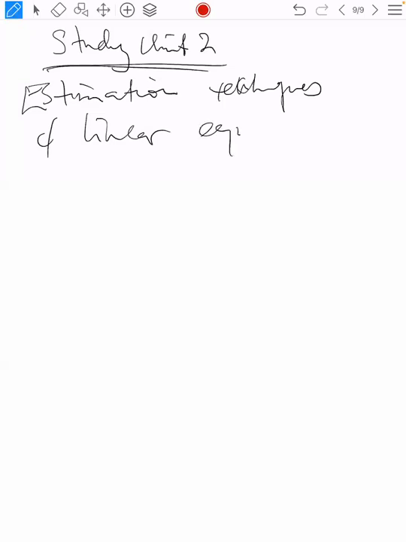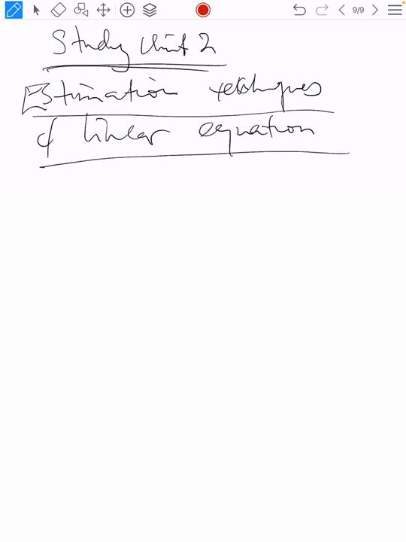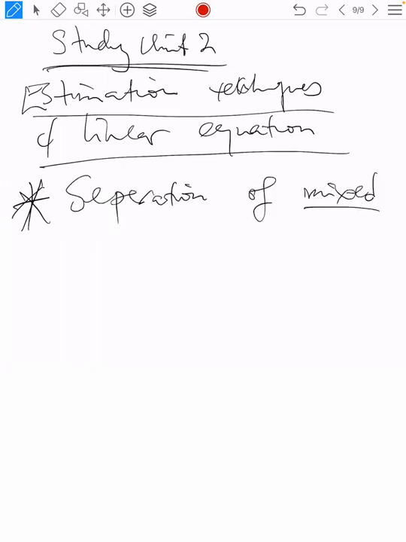Estimation techniques and linear equation. Now, in this learning unit, they just used big terms there. But in this unit, we are going to look at separation of mixed costs.